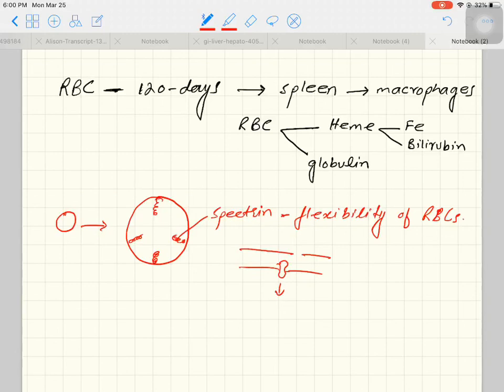So once they lose their spectrin protein after 120 days, these RBCs go into the spleen.